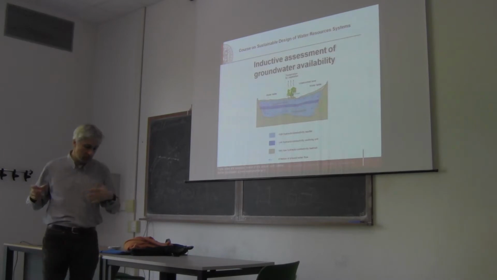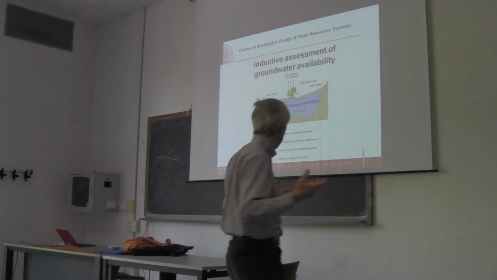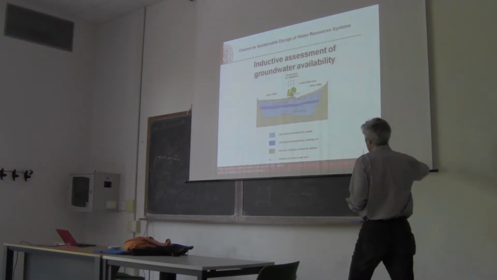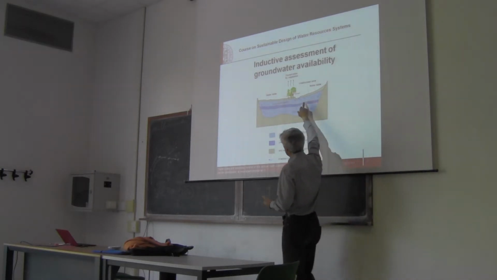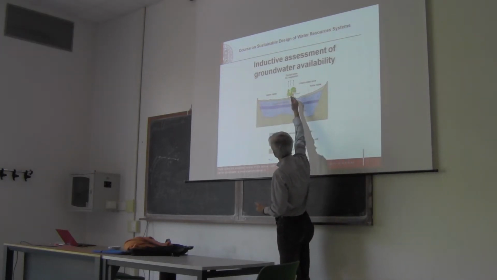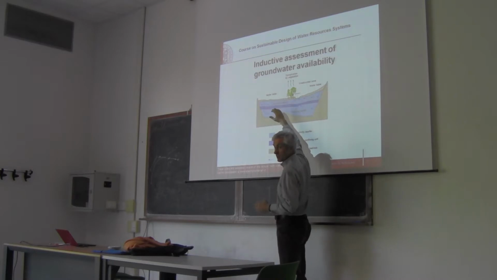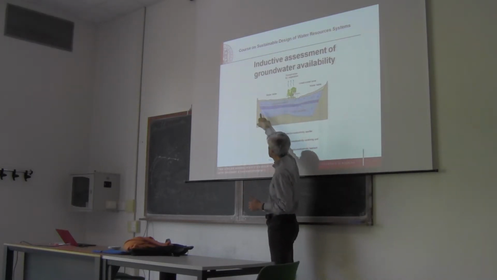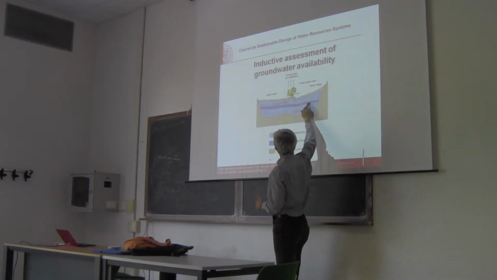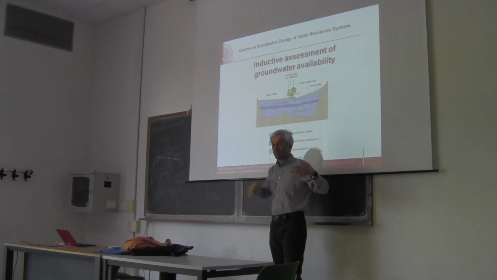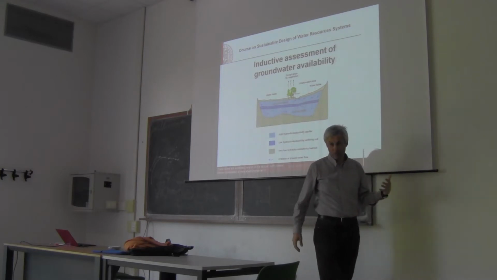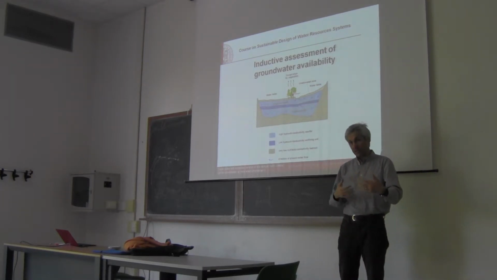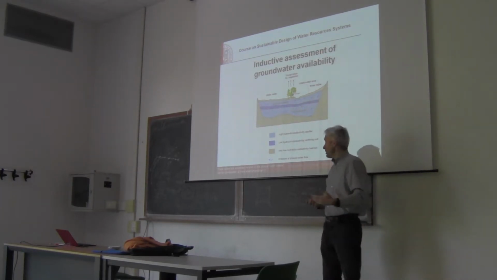And also, we referred implicitly up to now to the situation of an unconfined aquifer. If you look at this figure, I refer to the situation of the upper aquifer. Let's assume that these two aquifers are separated by this dark blue layer, which is an impermeable layer, okay? Which means that they are physically separated, it's not the same water.